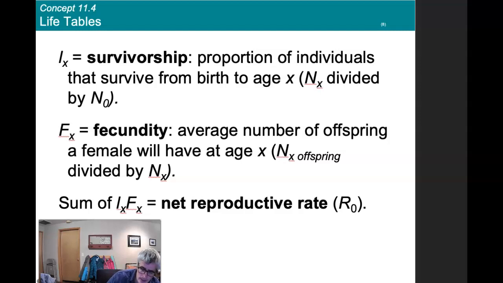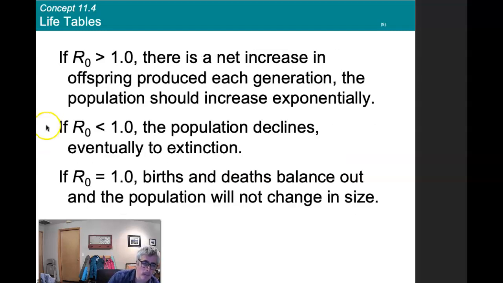If the population that started off with 1 million larvae produces 2 million larvae, then we'd have a net increase, a net positive reproductive rate. So again, an R0 of greater than 1 is an increase in population, an R0 of less than 1 is a decrease in population, and an R0 of 1 is where deaths and births level out.